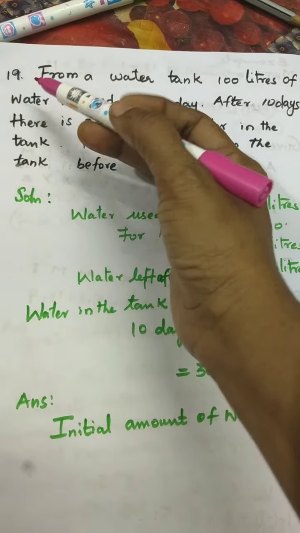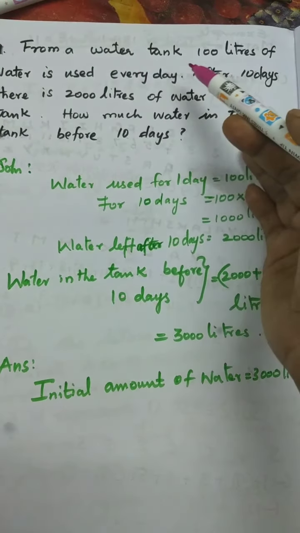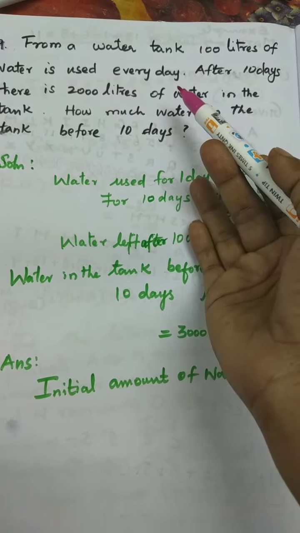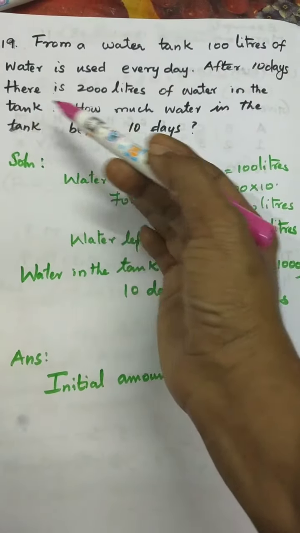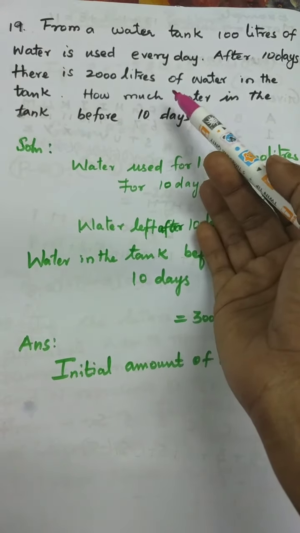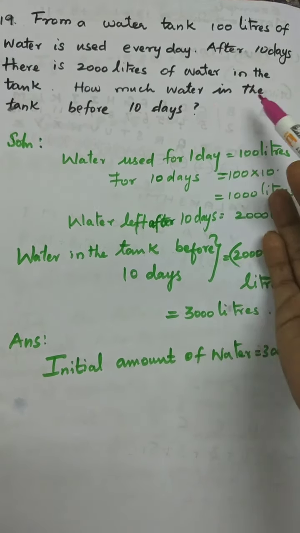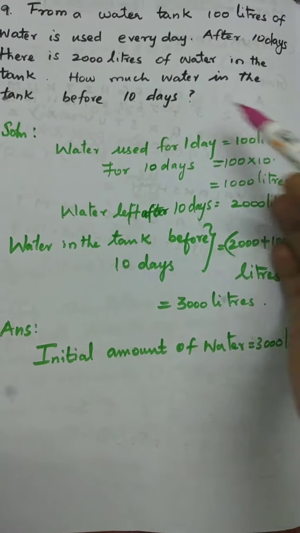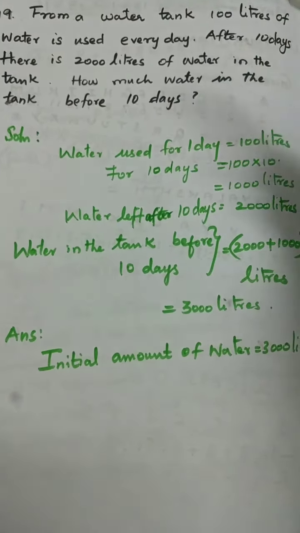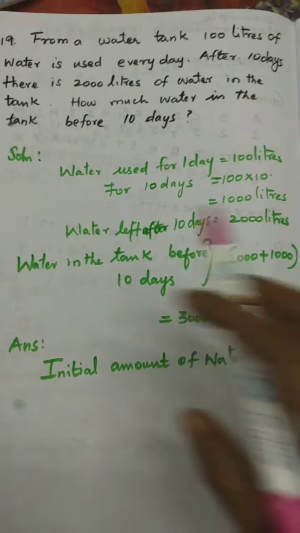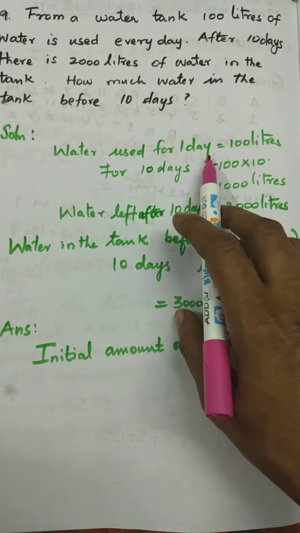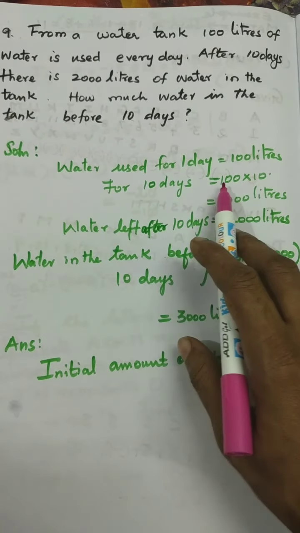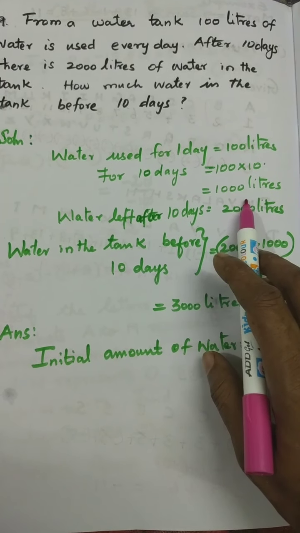Now the 19th sum. From a water tank, 100 liters of water is used every day. After 10 days, there is 2000 liters of water remaining in the tank. How much water was in the tank before 10 days? Water used for 1 day is 100 liters. So for 10 days they used 100 into 10, 1000 liters.